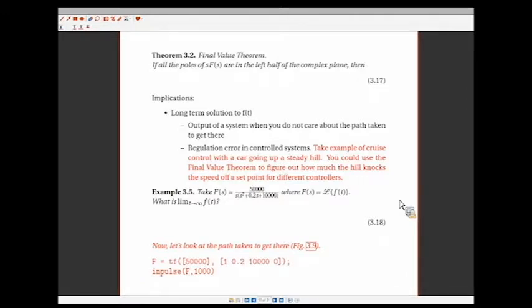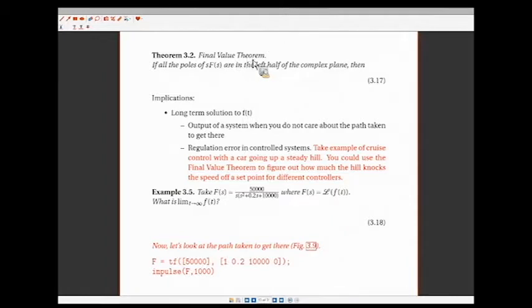So oftentimes if we tell a system to go from one output to the next output, we want to know, does it actually ever get there? So as time gets really, really large, did it go to the position we wanted it to go to or not? And so we're often going to use the final value theorem for that.